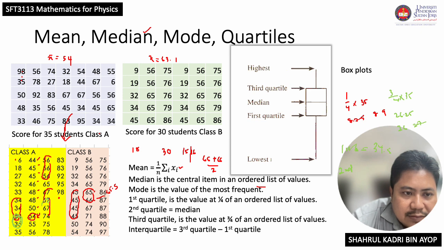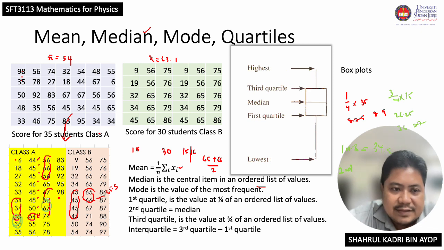So this one is 67. Since they have the same value, 66 and 67 and 67, the third quartile is also just 67. Okay, so the second quartile is just the median. It's just the same.